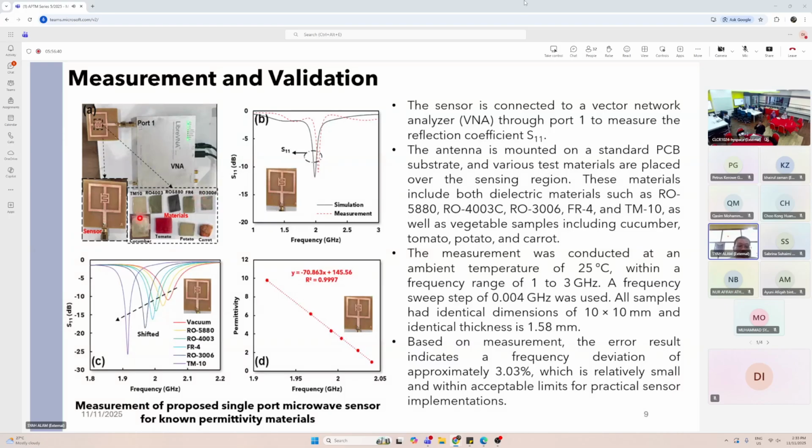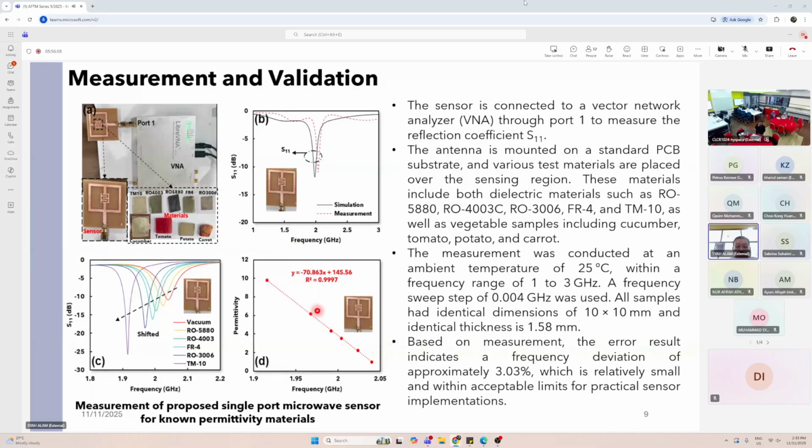After that, we also use vegetable materials such as cucumber, tomato, potato, and carrot. And this is the response when we place the sample with known permittivity.